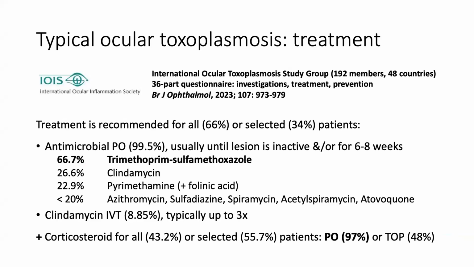So again, here our patient was treated with trimethoprim sulfamethoxazole, so very standard treatment. The patient also had some systemic corticosteroid given for a period to help with the inflammation, and that's also something that's done very commonly by uveitis specialists.